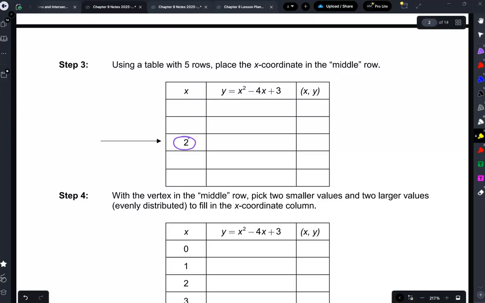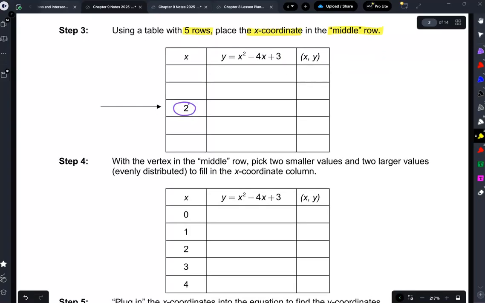So 5 rows, x coordinate in the middle row. Now, this is x equals 2. What numbers come before 2? What's the number that comes right before 2? 1. What's the number that comes right before that? 0.